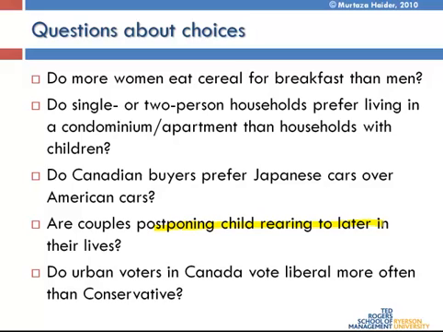For example, instead of having children in their 20s, are couples having children in their 30s, and in some instances now in their 40s? Or, in an example from Canada, do urban voters in Canada vote Liberal more than they vote for Conservatives? And that is commonly observed here, that urban Canadians vote Liberal more often than they vote for the Conservative Party.